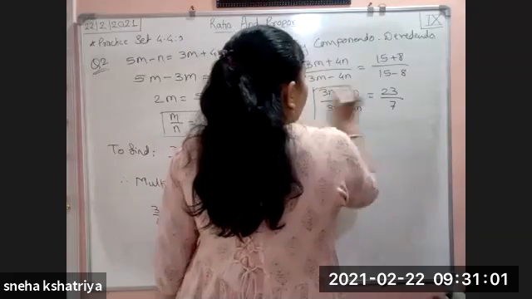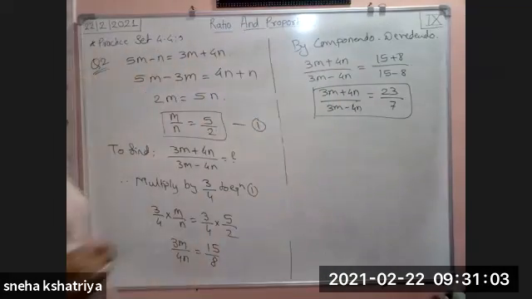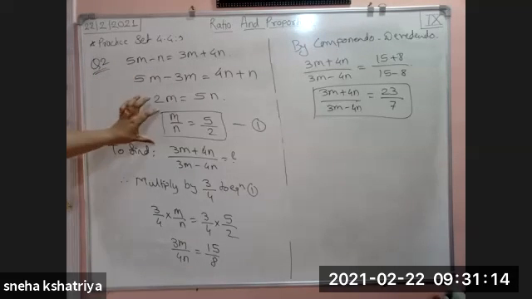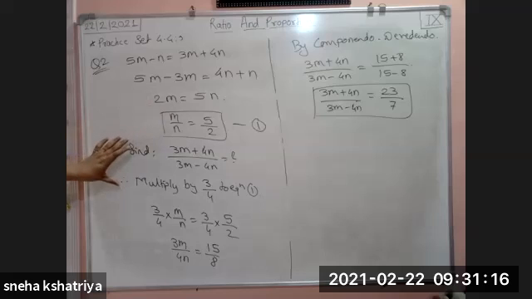So we get the value of 3m plus 4n upon 3m minus 4n is equal to 23 upon 7. What you have to do, for whatever given is there, from that find the value of m upon n, and whatever the question was given, according to that you have to solve the example. Okay, this was question number 2. Now we will see question number 3.